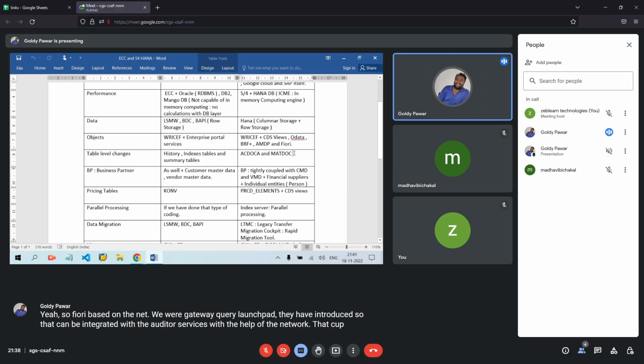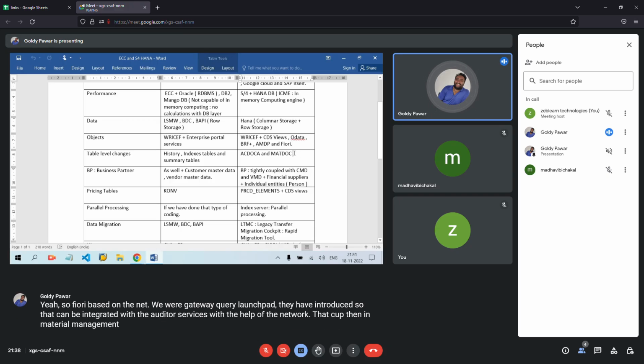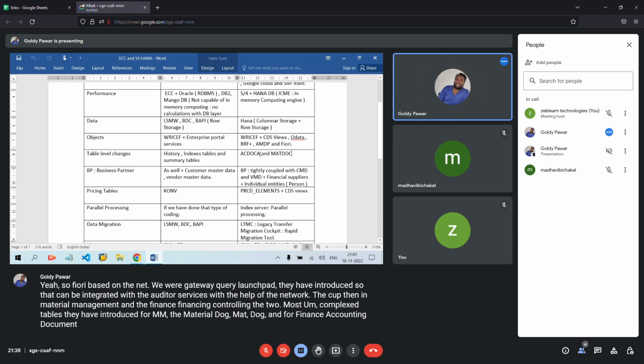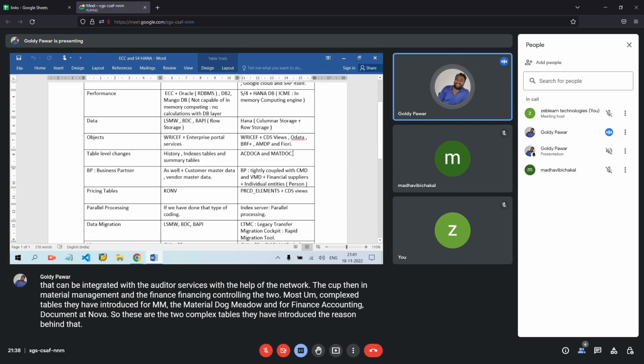In material management and finance and controlling, they have introduced the two most complex tables: MATDOC for the material document, and ACDOCA for the finance accounting document. The reason behind that: first we'll discuss material management.